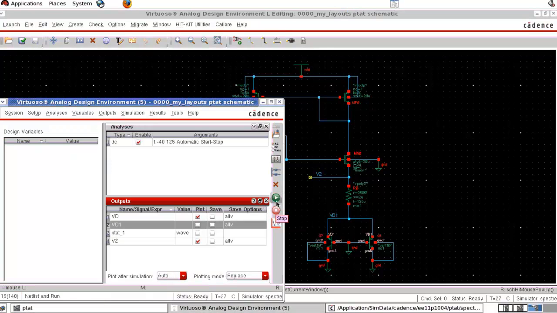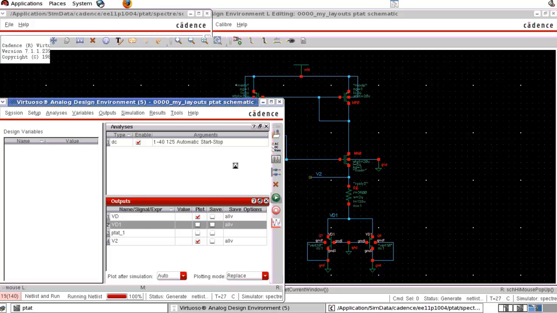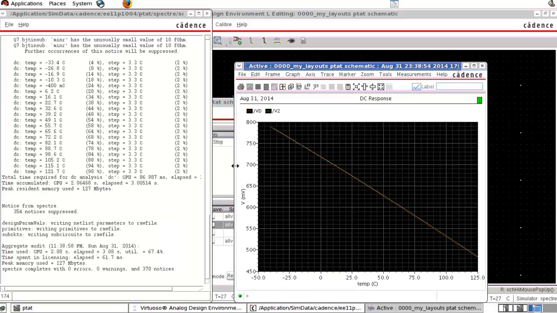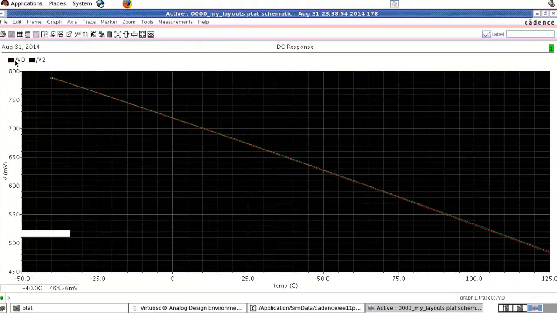So let's run the simulation. So these two curves are very close. They are almost equal. You can see this is VD. One is VD and the other one is V2. One is red and the other one is green. So our current mirror is working fine, and VD and V2 are very close.